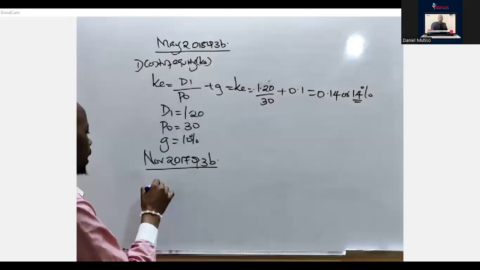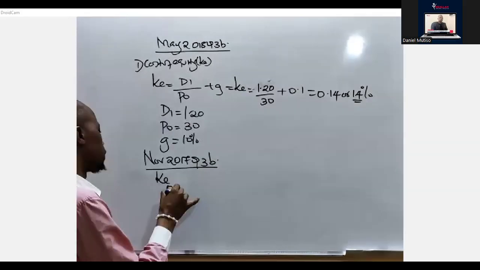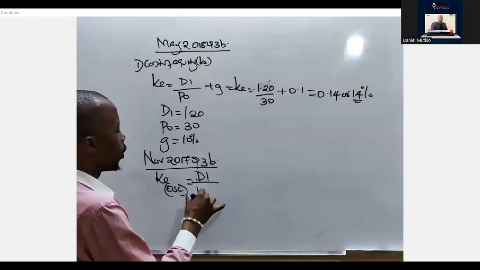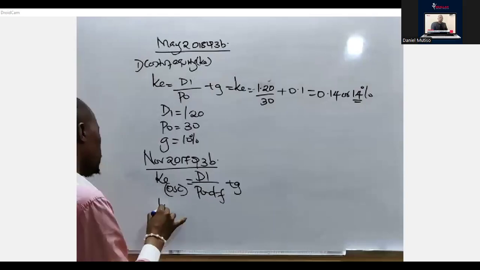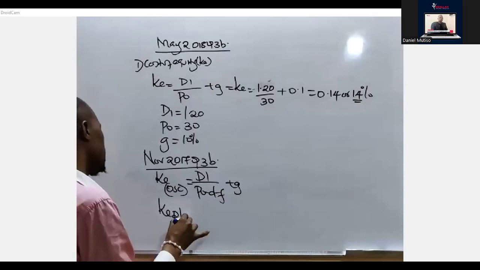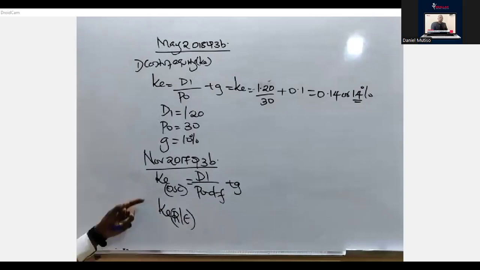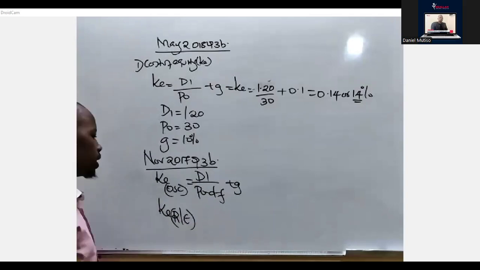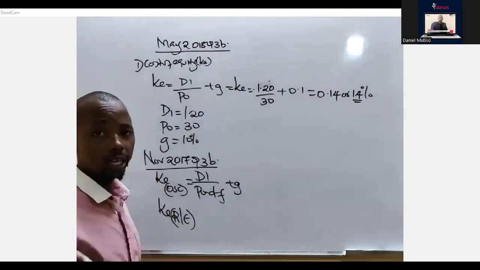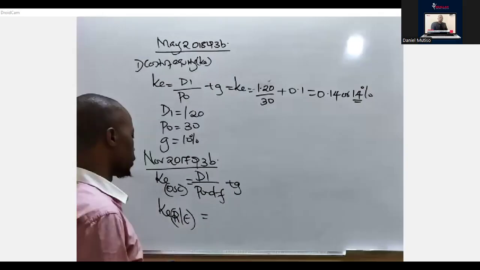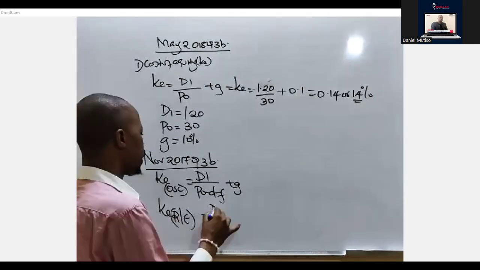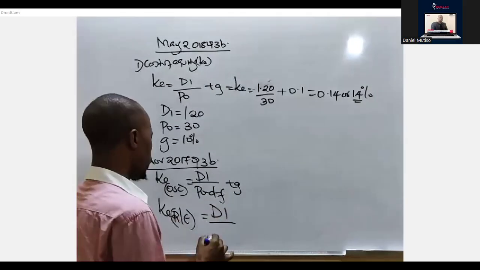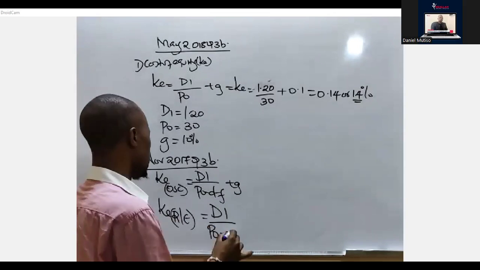When you are calculating the cost of equity of the ordinary share capital, we said this is D1 over P0 minus F, plus G. And when you are calculating the cost of equity of the retained earnings, you remember when you are calculating the WMCC, you have to look at the cheaper source, which you can get the maximum. In the WMCC, there is something we normally call the breakpoint, to utilize a source fully. Now, in this case, it is D1 over P0 minus F plus G.